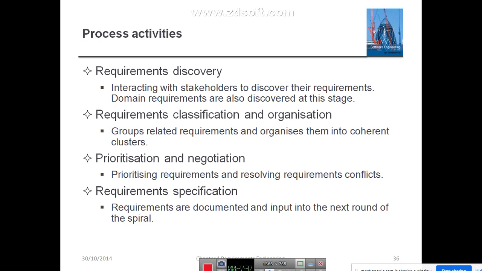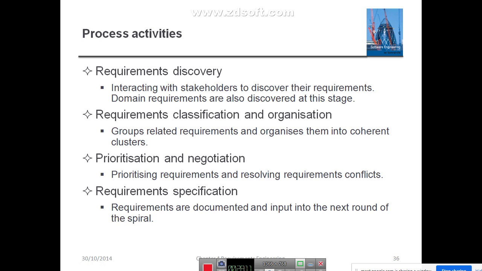And if a requirement is not related to the system development, then you are going to do negotiation of such requirements. Clear? As you already know in software engineering, the requirement that has the highest priority must be developed first. So prioritizing the requirements and resolving the requirement conflicts is done in the third stage.